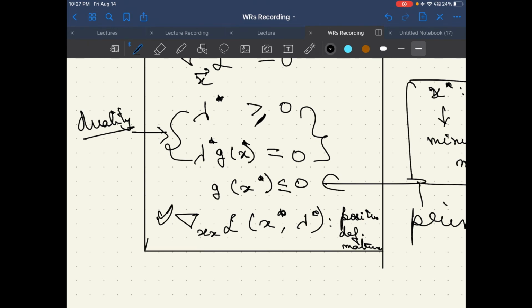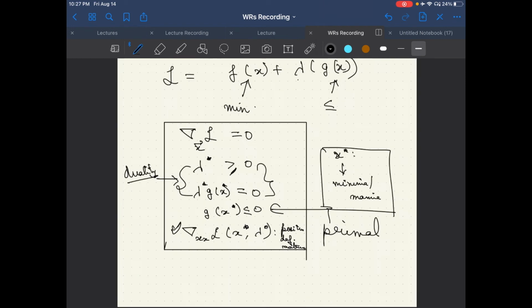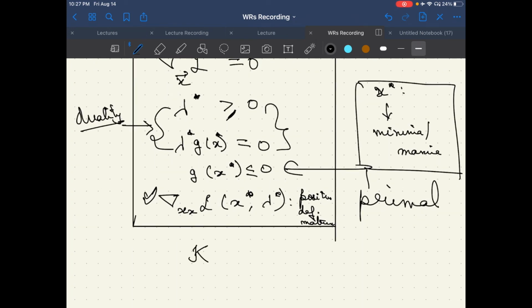And if all these conditions are satisfied, we can easily deduce whether our point is indeed a minimum subjected to all the constraints. And the conditions that we have put in the box are famously known as Karush-Kuhn-Tucker conditions.